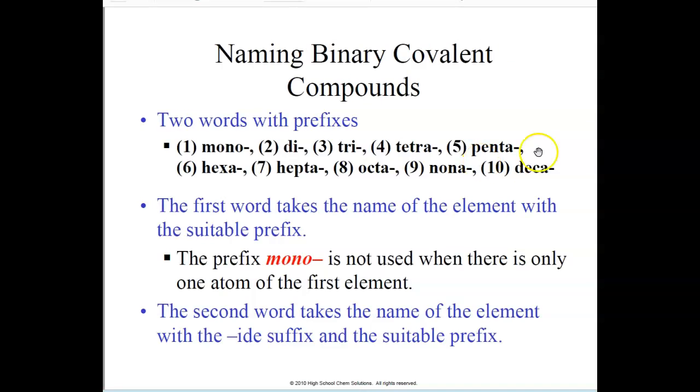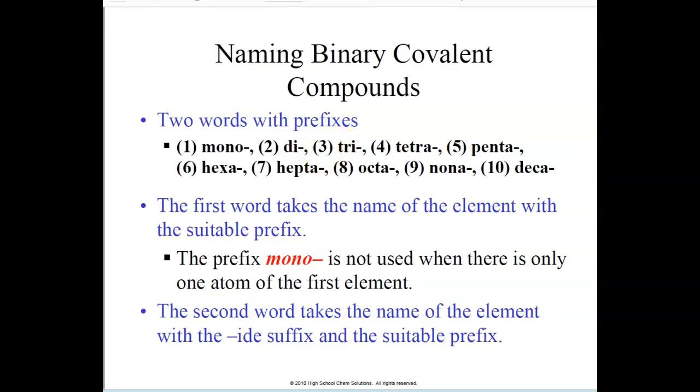Okay, so let's take a look at some of the things we're going to need to know in order to make covalent compounds and name them. We're going to use these prefixes for numerical quantities: mono, di, tri, tetra, penta, hexa, hepta, octa, nona, and deca. And we're going to use these because, unlike ionic compounds, where sodium chloride always forms with one sodium and one chloride, with covalent compounds you can have a multitude of different combinations.